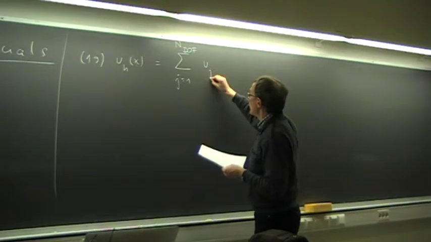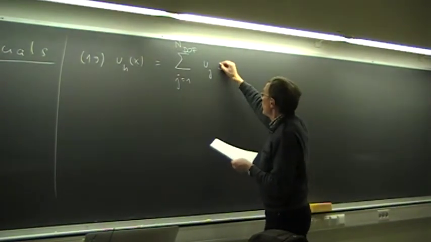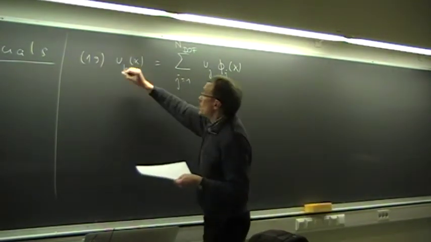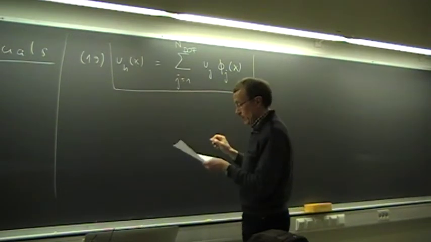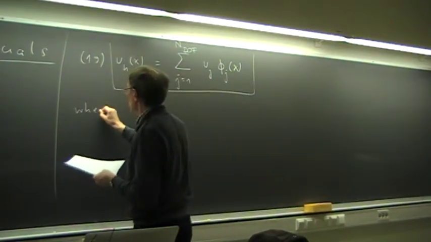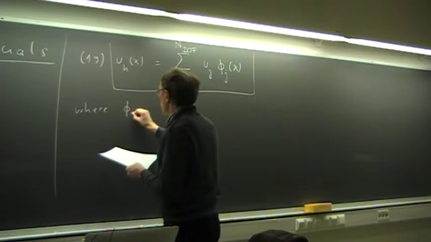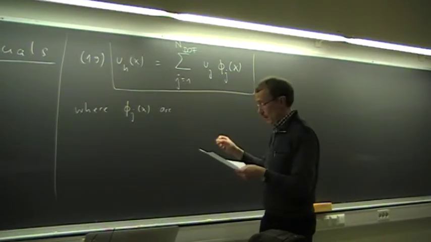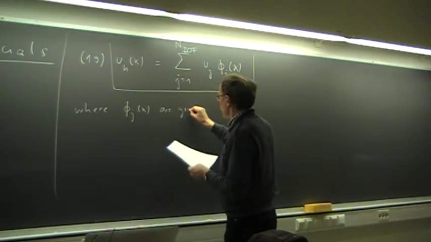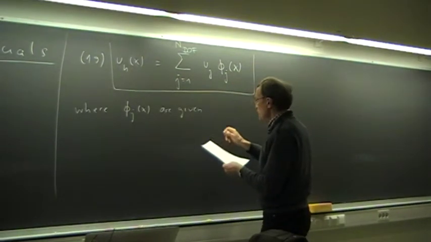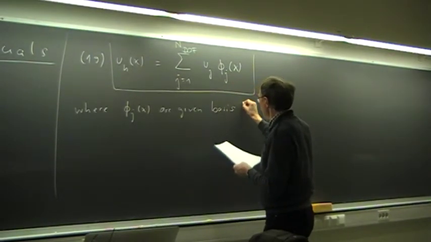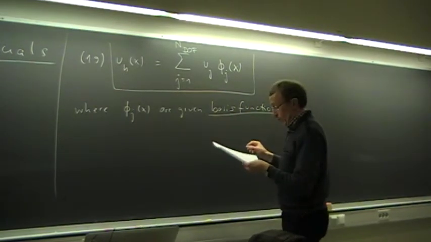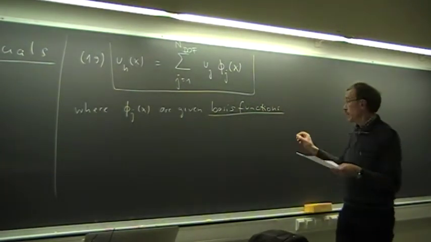Then we have here coefficients that we have to determine, and we have here the basis function phi j of x. So that is the idea, and we have to identify what we are doing here. The phi j of x are given basis functions, which are also called trial functions.